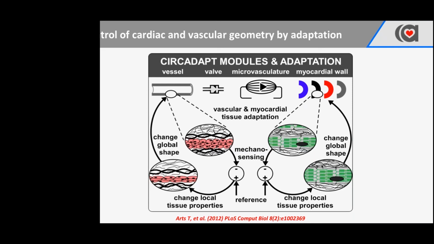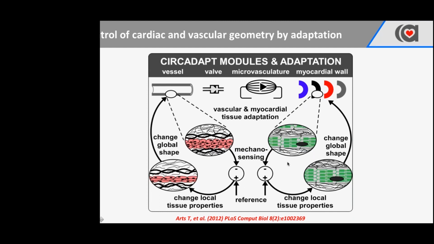For example, if the load of tissue is higher, then there will be a change of the global shape. There will be mechanosensing, referred to a reference value, and that will change local tissue properties. So the change induces its own effects on the tissue properties, and not only in the vascular part, but also at the chamber part.